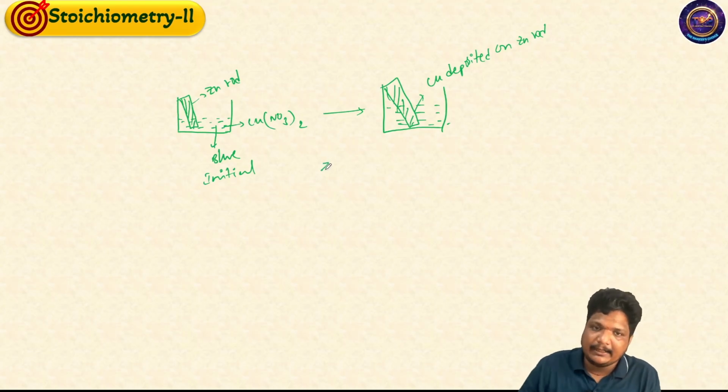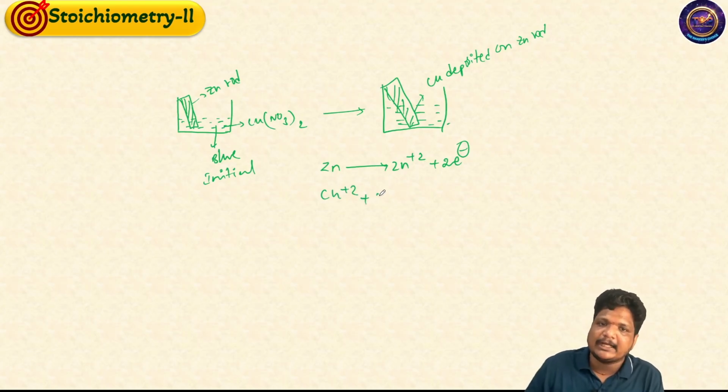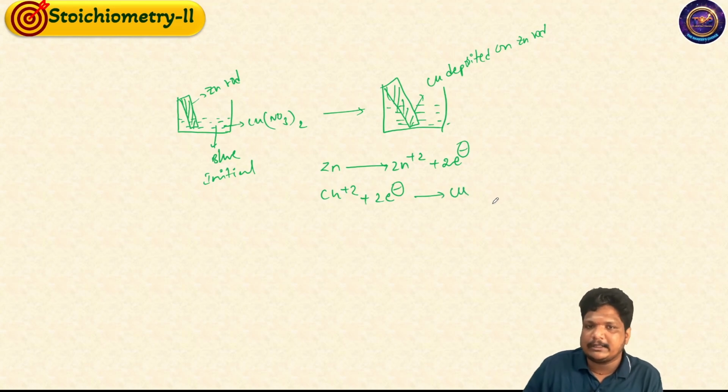In this reaction, zinc will undergo oxidation by loss of 2 electrons. Copper plus 2 will take up those 2 electrons and get converted into copper atoms. In this way, oxidation of zinc and reduction of copper take place in this reaction.